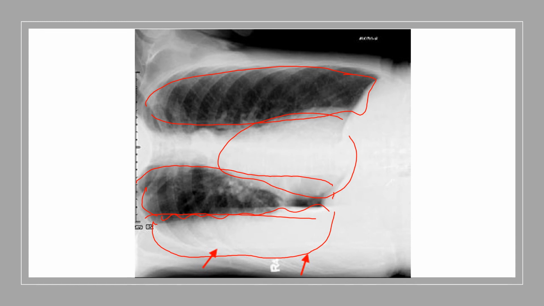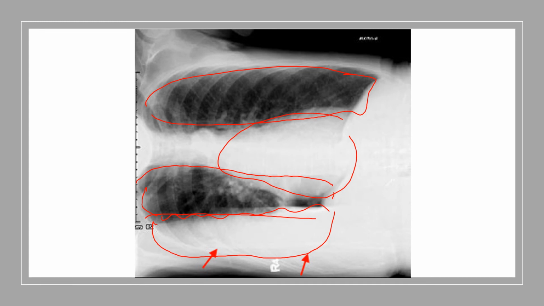Usually anything over 20% of the thoracic space is considered significant enough to treat. If you have a small pneumothorax or a pleural effusion less than 20%, usually they're not going to treat that or put a chest tube in. But this is just telling you how much is in there, because remember, the fluid will flow according to gravity, so that's why we have them lay on their side.